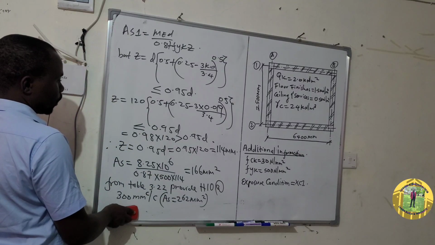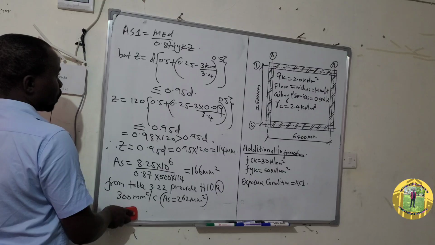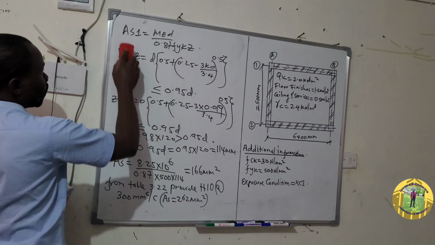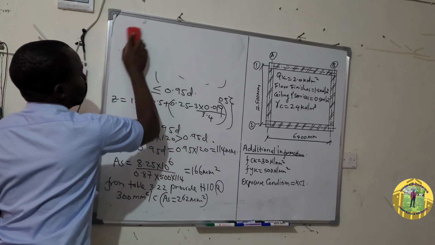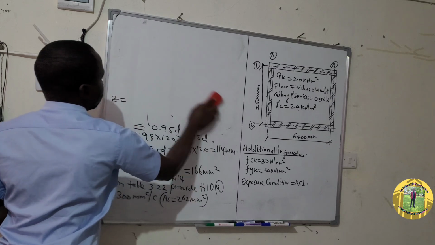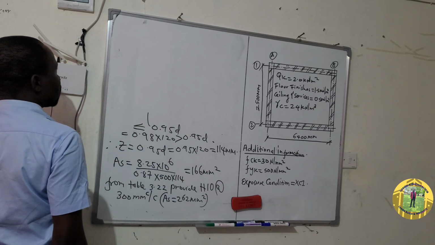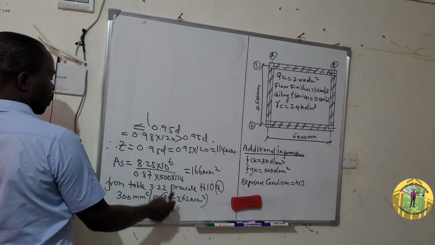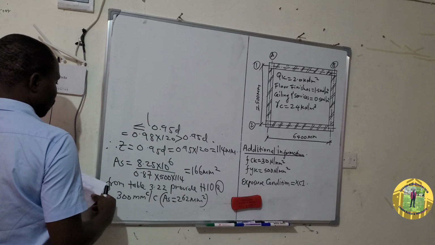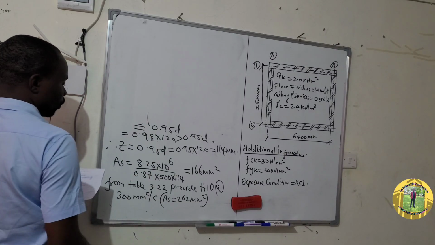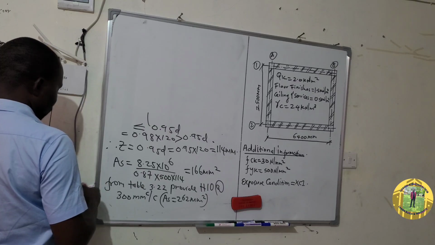After obtaining this, we can now easily calculate our new reinforcement ratio. So this is how you calculate the reinforcement ratio after getting this reinforcement bar size and spacing.